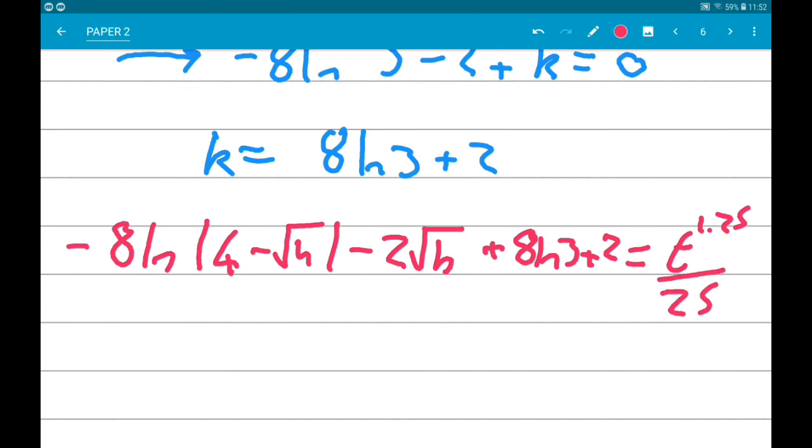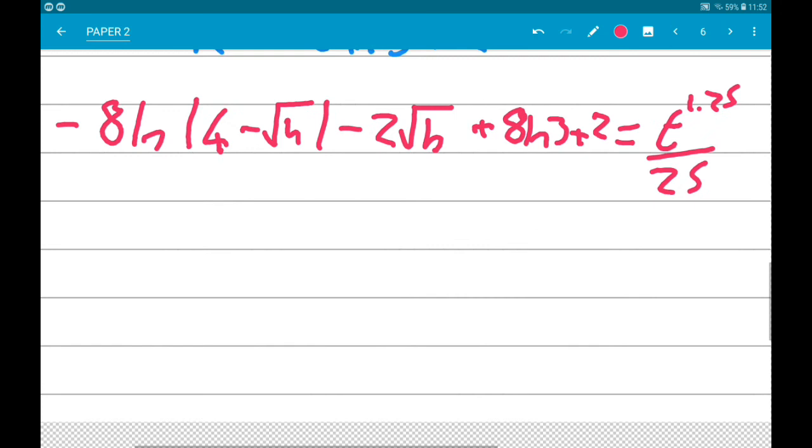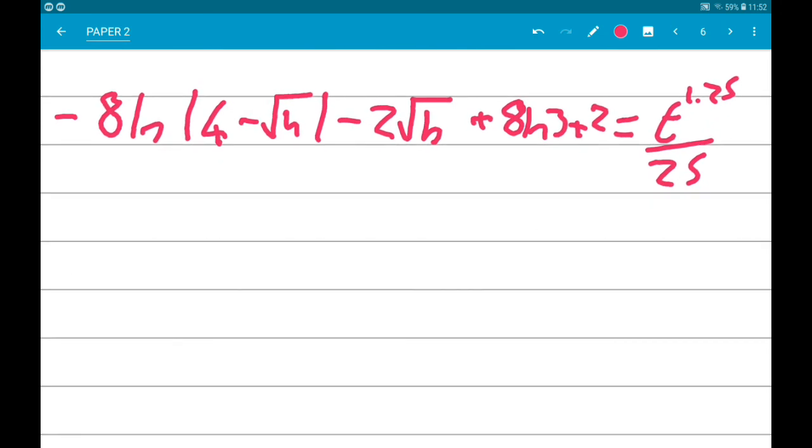Now, we want t when h is 12. So now we're putting h is 12 into this.